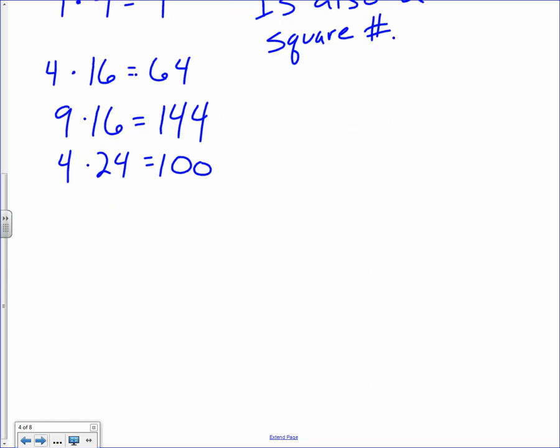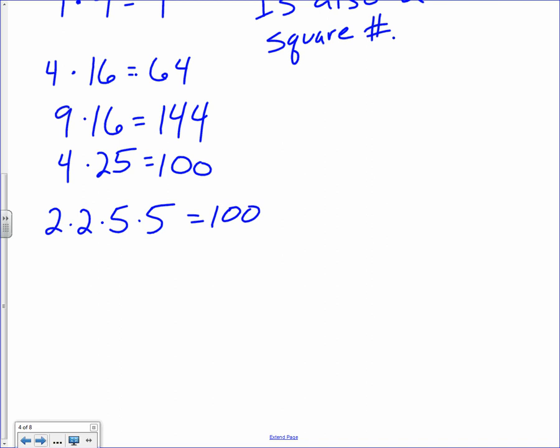Part of this would be the properties of multiplication, right? If we look at this 4 times 25, it's 4 times 25 because 24 is not a square number, 25 is. I knew where I wanted to go with it. 4 times 25, that's the same as 2 times 2 for 4, times 5 times 5 for 25, right? That equals 100.